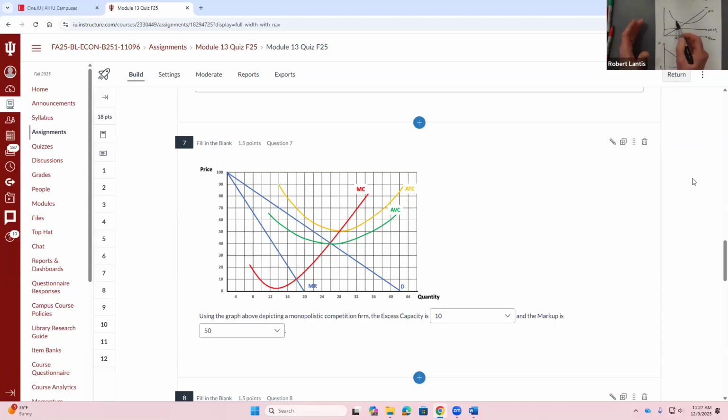What's true about price relative to average total cost? Price is less than average total cost, so my profits are negative. What will firms do in response to that? Profits are negative. Some firms will get the hell out of there, right? They're going to exit the market.